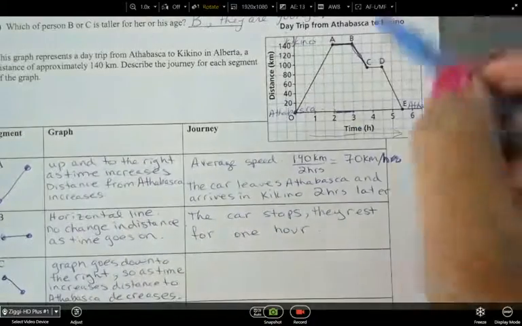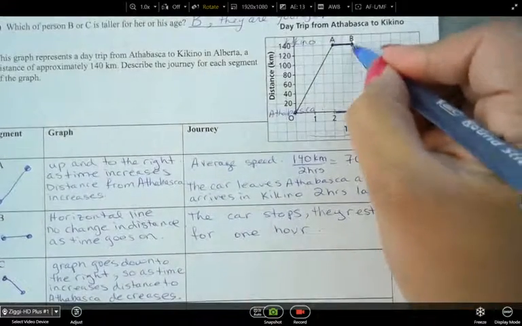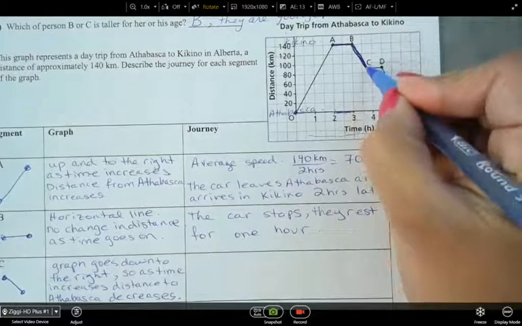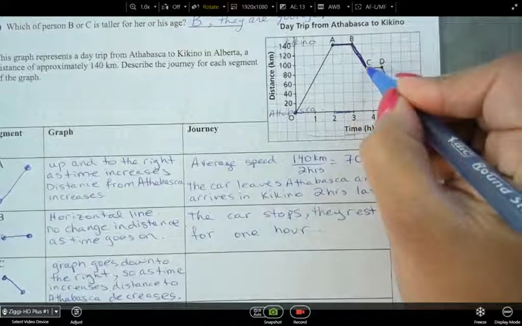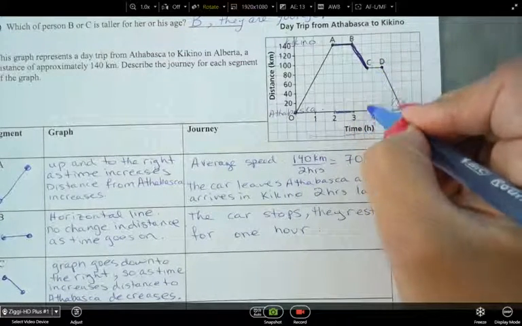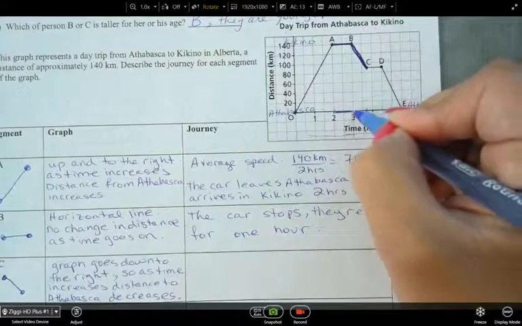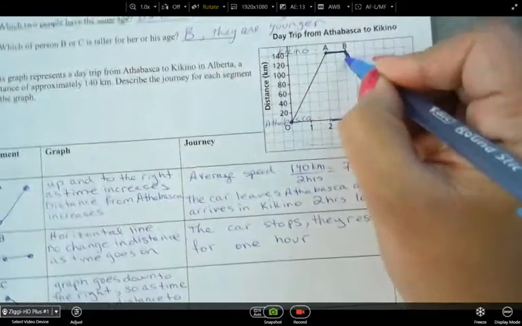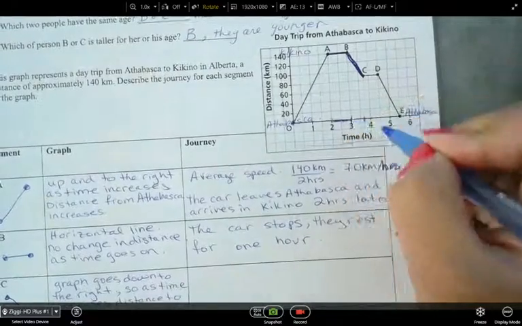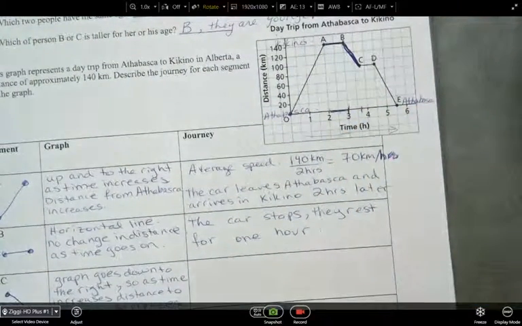So how long is this part of the story taking? How much time? So this is 1 hour from 3 to 4, but, whoops, sorry, it's around 45 minutes, right?